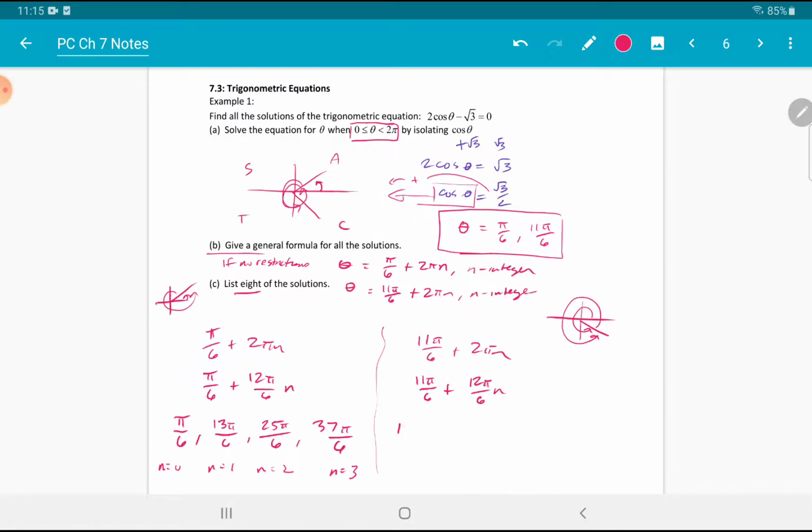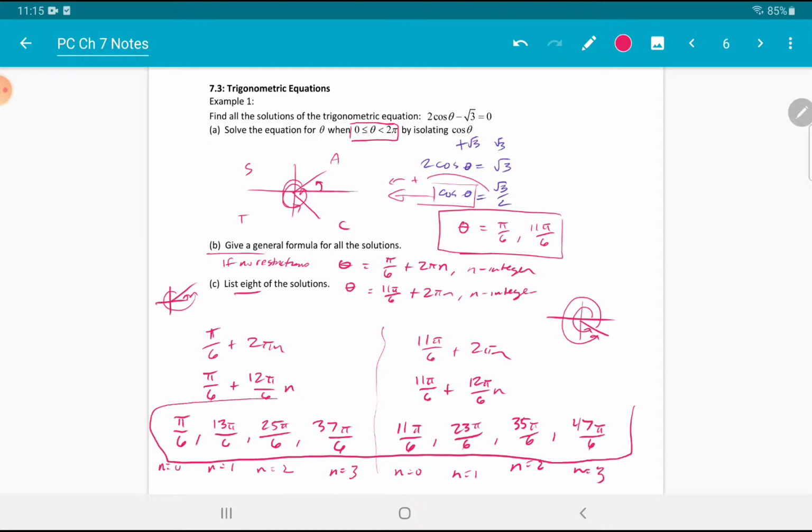If we do that, we can get values like 11 pi over 6, that's when n is 0. We would get 23 pi over 6 when n is 1. We could get 35 pi over 6 when n is 2. And we would get 47 pi over 6 when n is 3. So there we are. We have our 8 total answers.